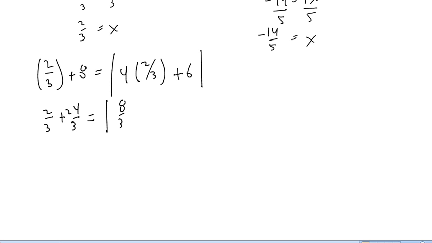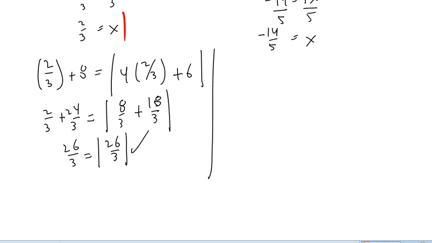And that's going to be 8 over 3 plus 18 over 3. So we get 26 over 3 equals the absolute value of 26 over 3, which is true. Good. Alright, so this is one of our solutions. It makes the original equation true. It's a solution.